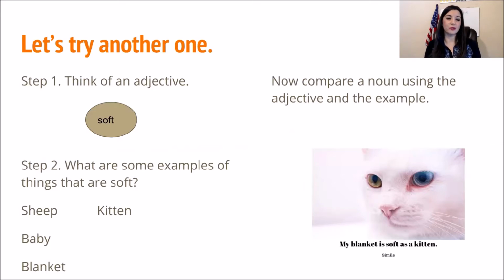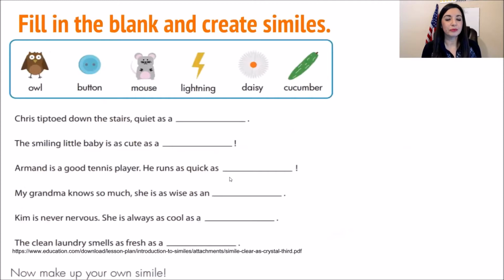Oh, blanket's there too. That's okay. You can do that, as long as we understand that you mean to say it is as soft as a kitten. A kitten is very soft, right? You could also say soft as a baby's butt, because babies' butts are very soft. If you have children, you understand that.